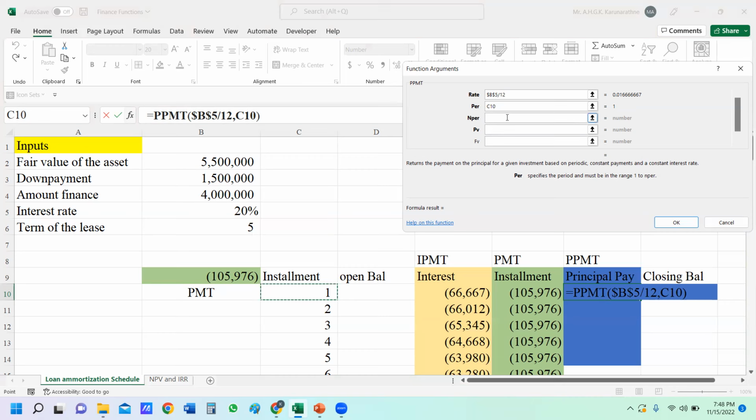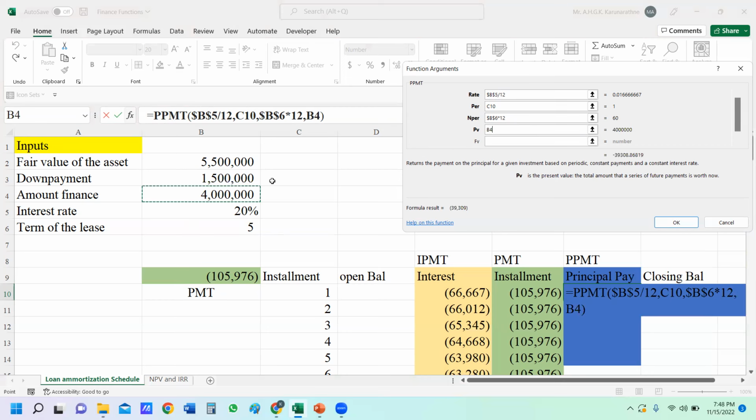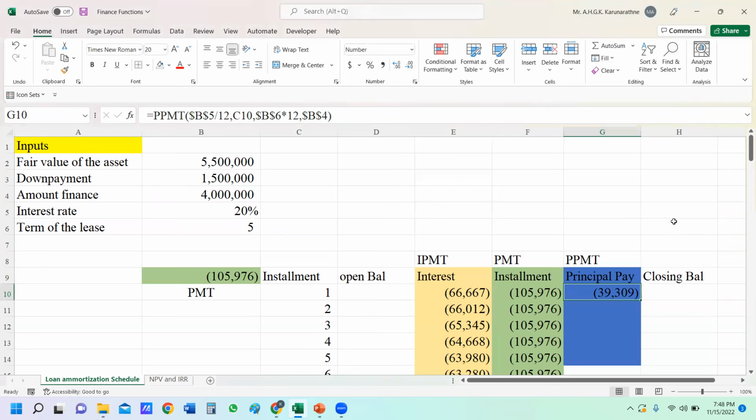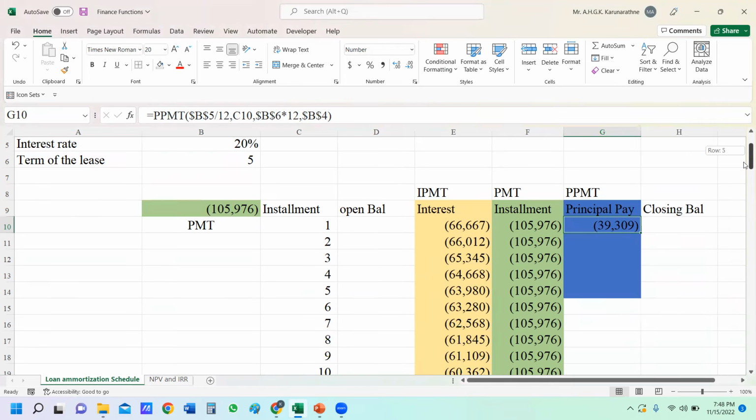Leave it as just C4 without dollar marks. NPR means the number of payments or number of installments, 5 years and 12 months is 60. So accordingly, it is taken from this, make it constant by pressing F4, and convert it to monthly by multiplying by 12, like this. Then present value, as usual, is the amount you finance. Make it constant, absolute, like this, and say okay. This is the principal payment.